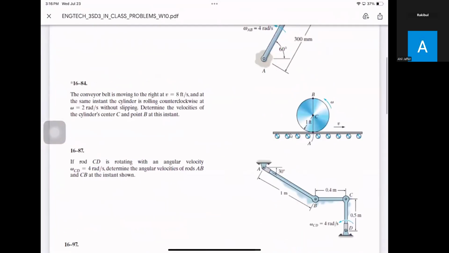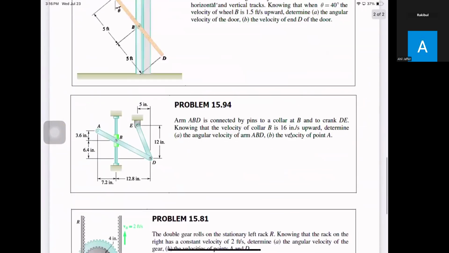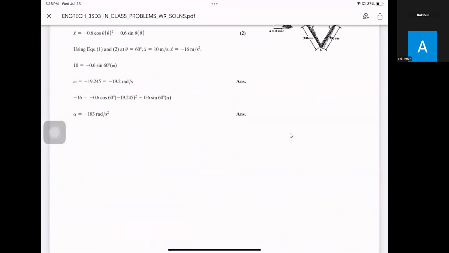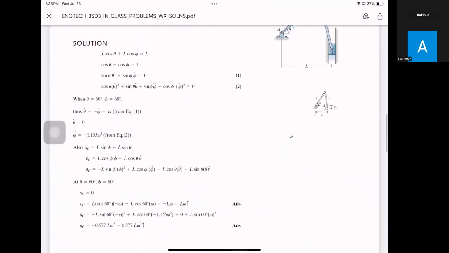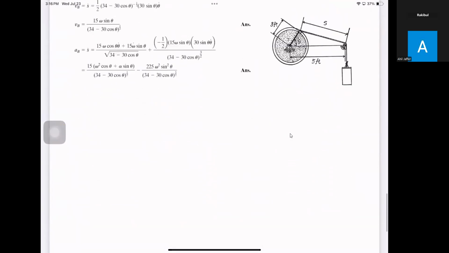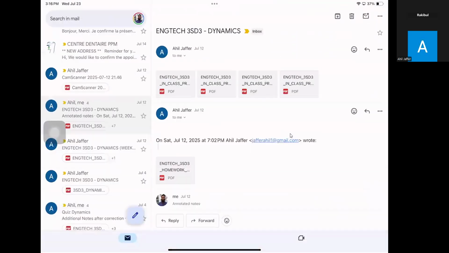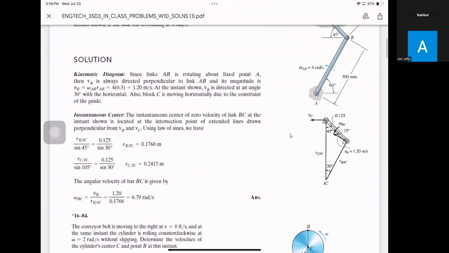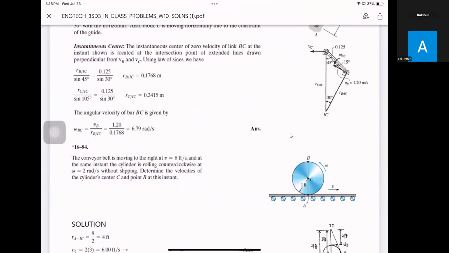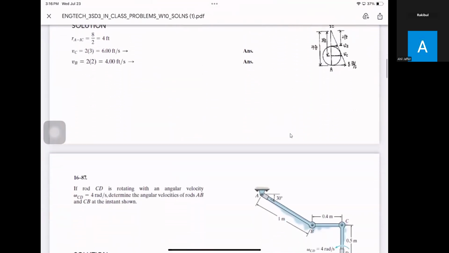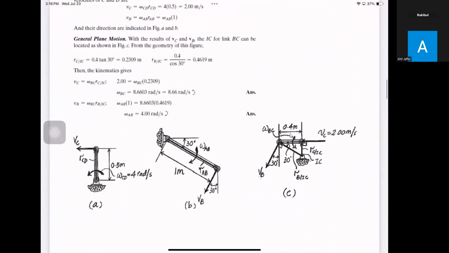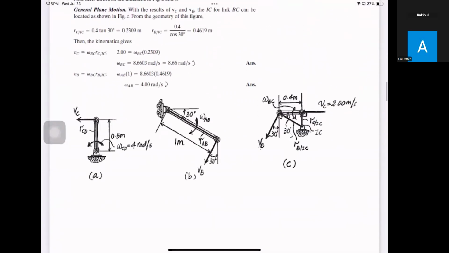This is in class. Did you use this formula for any solving?